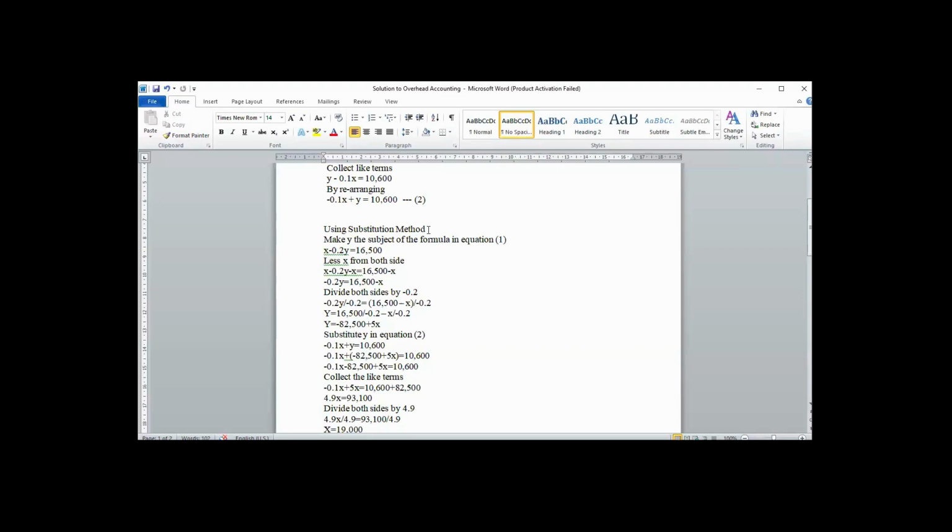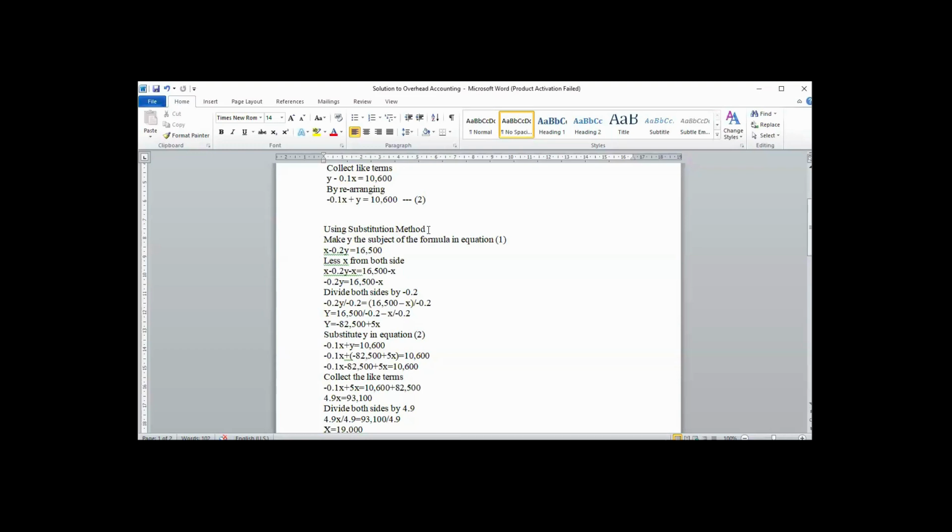Then we open the bracket. Plus times minus is minus 82,500. Plus times plus is plus 5x equals 10,600. We just opened the bracket straight away by multiplying the signs together.